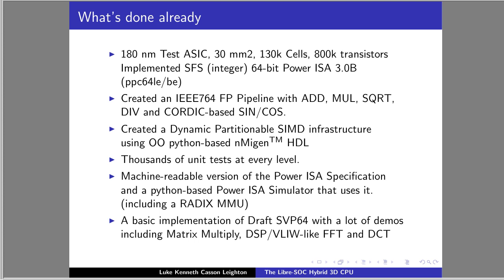Right. So what we've also got is we have a basic implementation of draft SVP64, which you can find out about online in the other talks and on the Libre-SOC website. But it is basically Cray-style vectors for OpenPOWER.